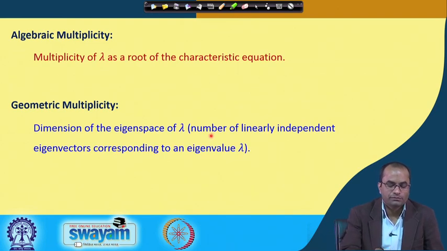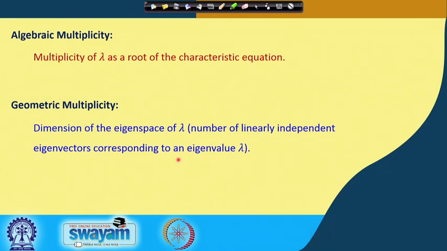That means the number of linearly independent eigenvectors corresponding to an eigenvalue lambda. So, these are the two numbers which we will now use for telling about the multiplicity of this lambda, because we have seen in several examples that the characteristic roots, all the eigenvalues, were repeated. So, that we can now quantify with the help of this algebraic multiplicity.